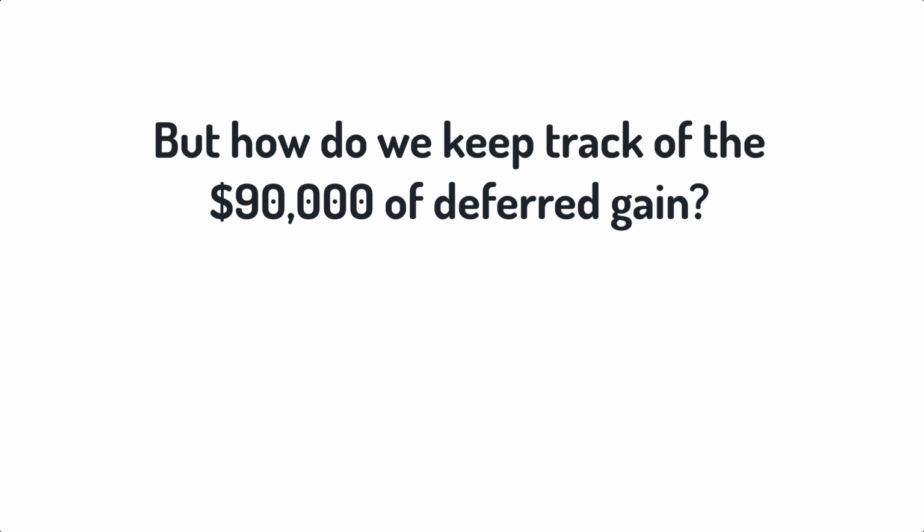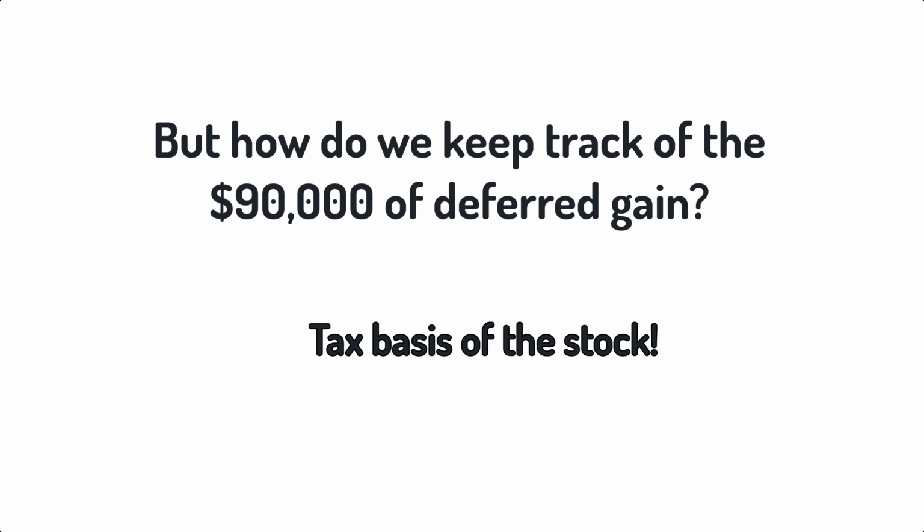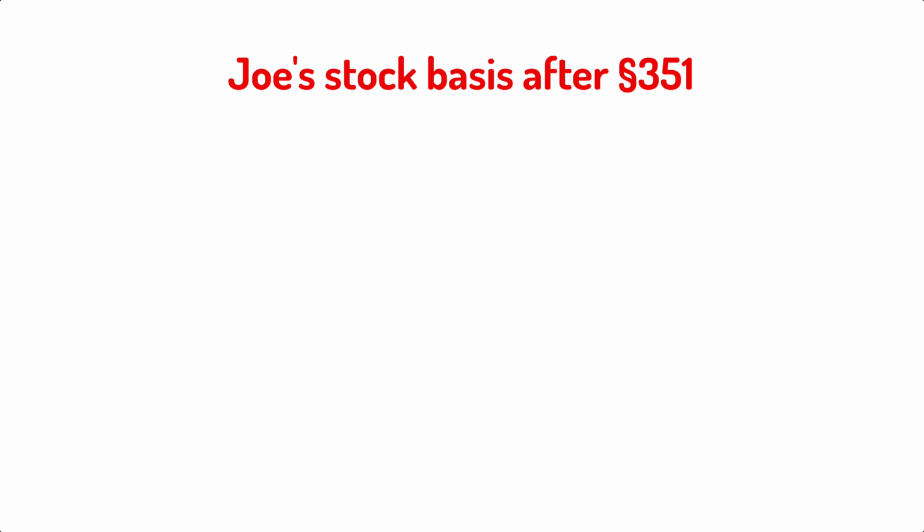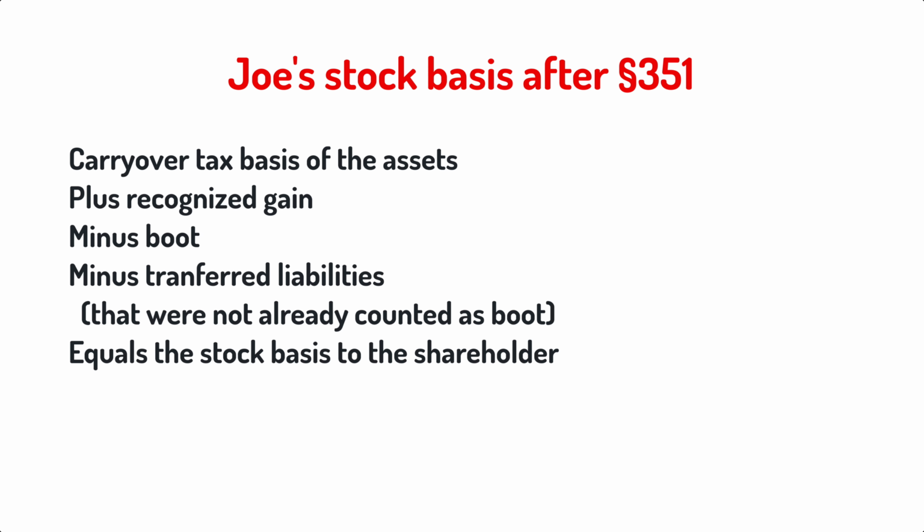But how do we keep track of this $90,000 of deferred gain? We keep track of it by adjusting the tax basis of the stock. We set the tax basis of the stock so that when Joe sells the stock later, he'll recognize the $90,000 of deferred gain. Here's how we do that. We have a formula for calculating Joe's new stock basis.